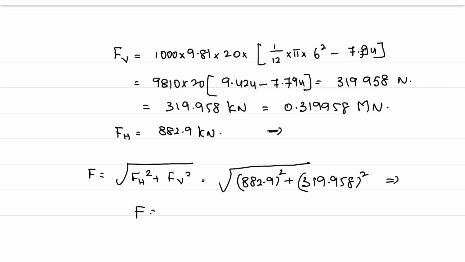That implies F, the net force acting on the surface, is equal to 882.9 square plus 319.958 square to the power of half, which is 939 kilonewtons. This is the value of net force.